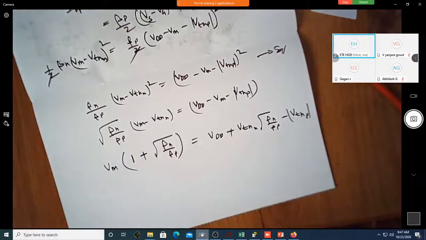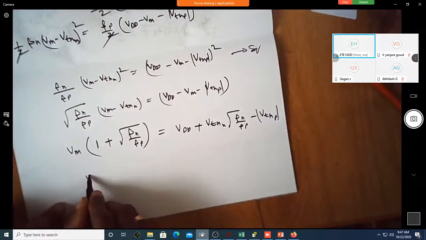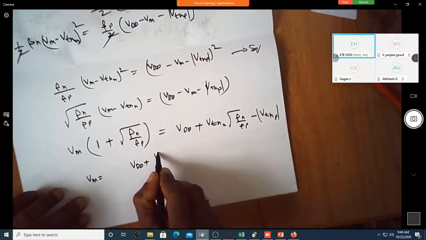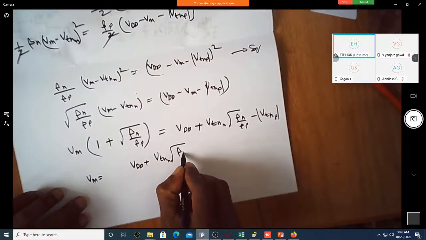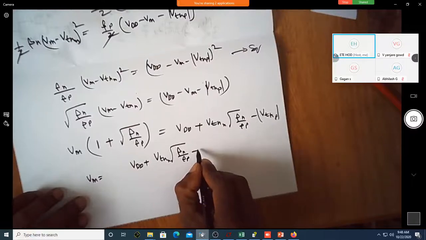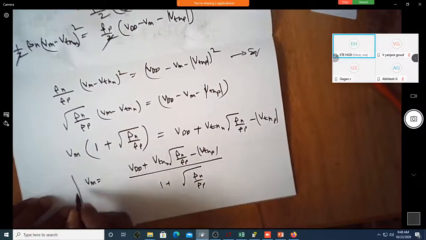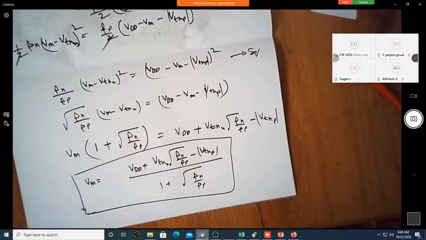Am I correct? Yes. So Vm is equal to VDD plus Vth n multiplied by root of beta n by beta p minus magnitude of Vth of p, divided by 1 plus root of beta n by beta p. Correct?